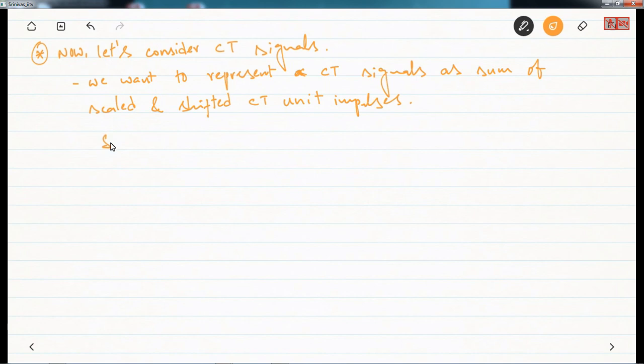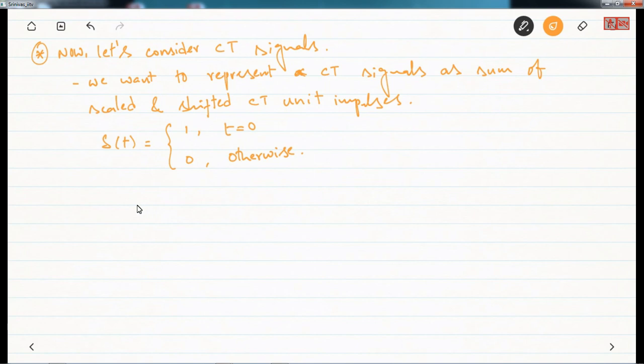So what is continuous time unit impulse? You will be knowing, you know this already. So it is 1 for t is equal to 0, and it is 0 otherwise, right?